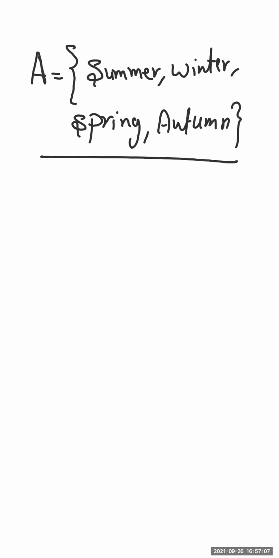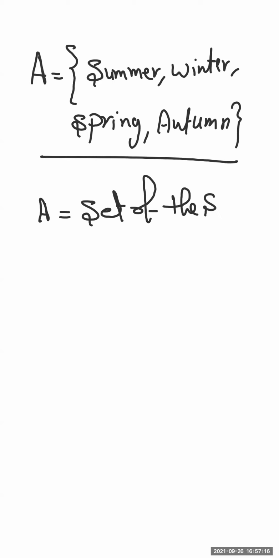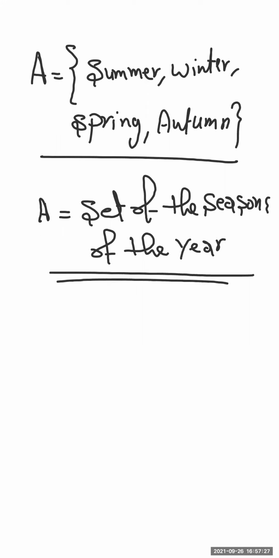So simply here the answer will be like this: A equals the set of the seasons of the year, right? Because summer, winter, spring, and autumn are the seasons in the year.